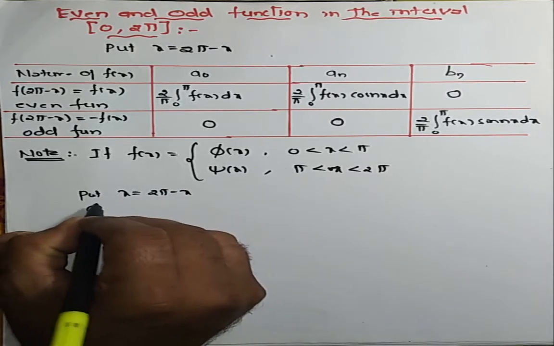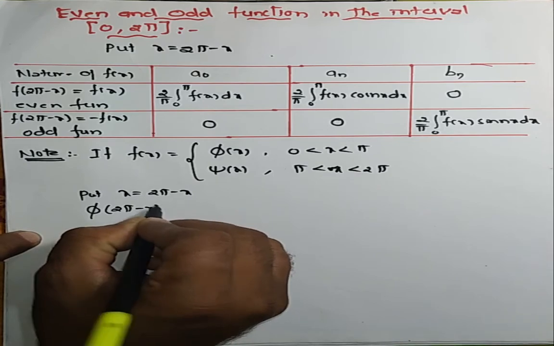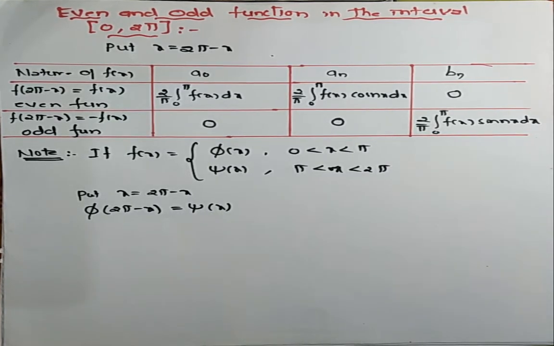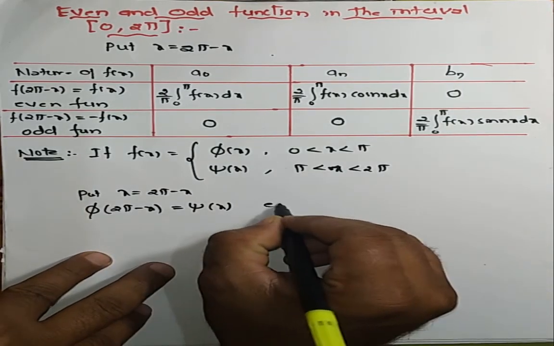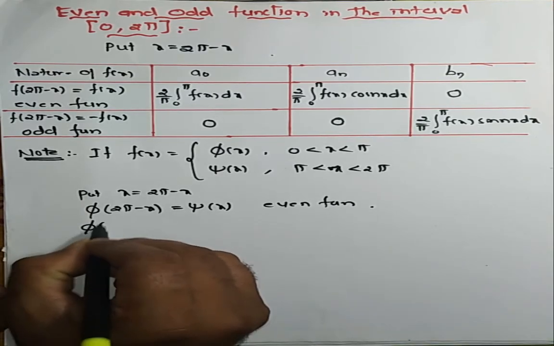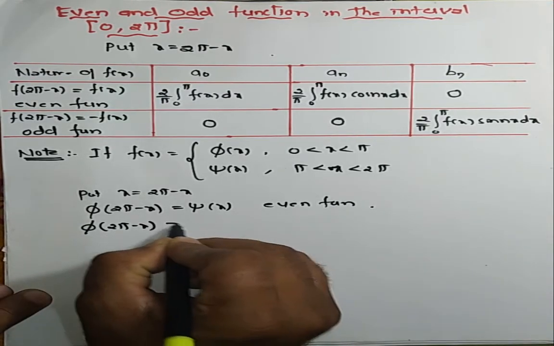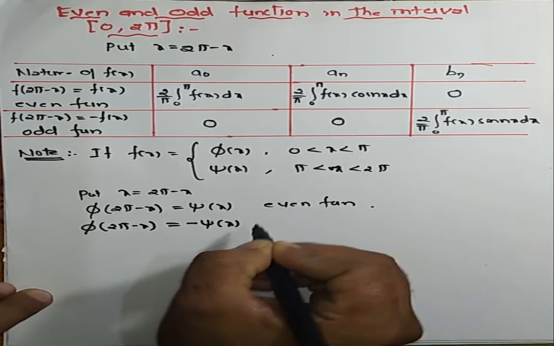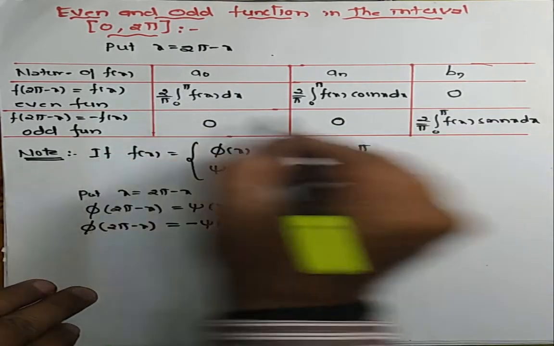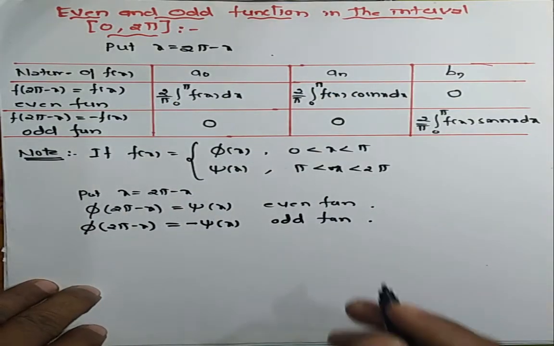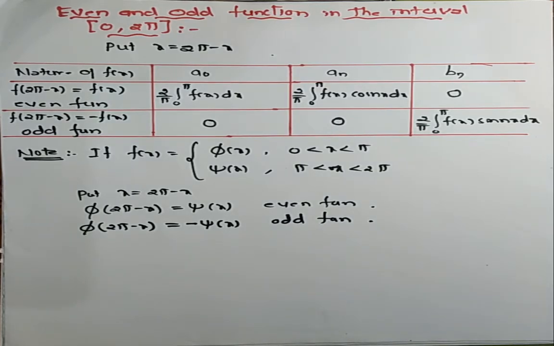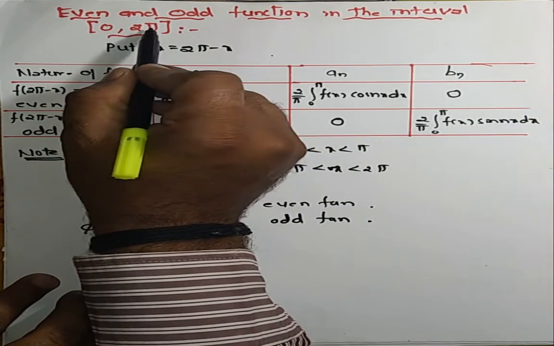So if phi of 2 pi minus x gives psi of x, then it is an even function. If you substitute and get negative psi of x, then the function becomes odd. The formulas are as usual, as written in this column. So this is the concept of odd and even when the given interval is 0 to 2 pi.